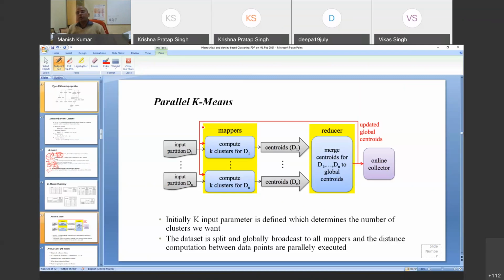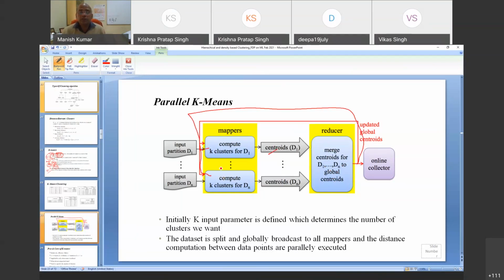There must be some criteria upon which I can merge the clusters across these slave terminals, so that I can get the global clusters. For that, the mean calculation should be uniform. So what we are doing is merging the centroids from all the terminals as global centroids, and then sending them back for the next iteration.